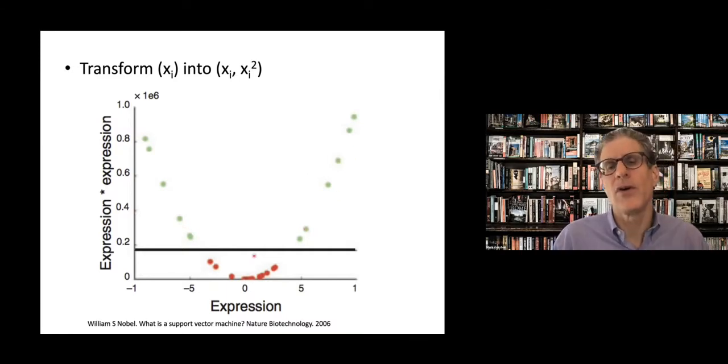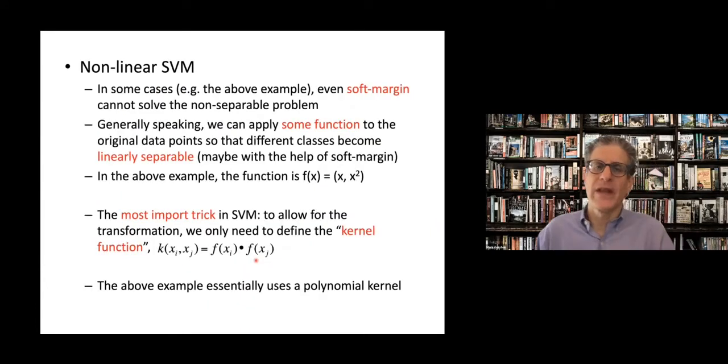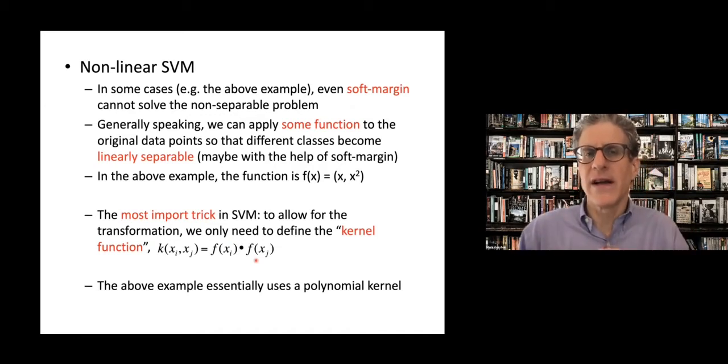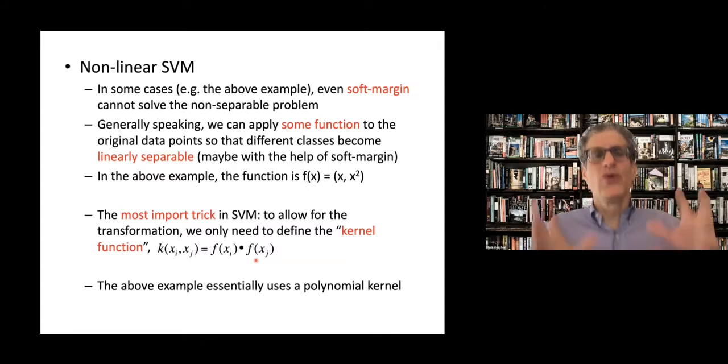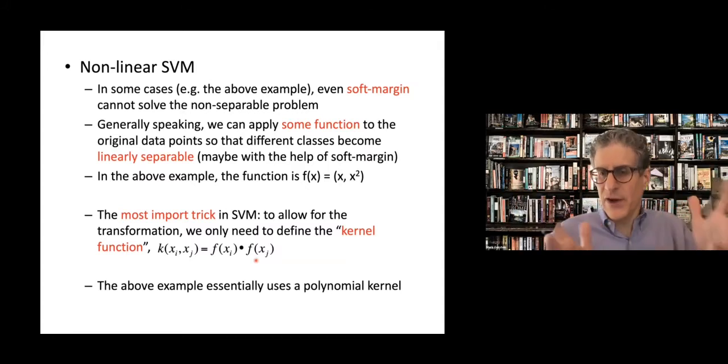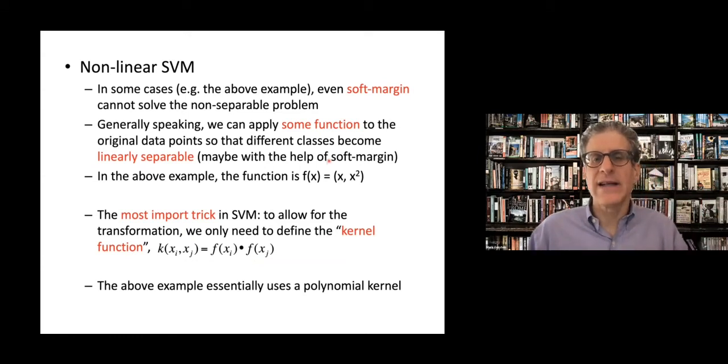And now, lo and behold, in this kind of strange setup, we can actually make a plane that will cut off the bottom of the parabola and separate our points. So this is the idea of the support vector machine. We move our data into a higher dimension, with this function that we're going to make up. And in this higher dimension, we can find a separating plane.